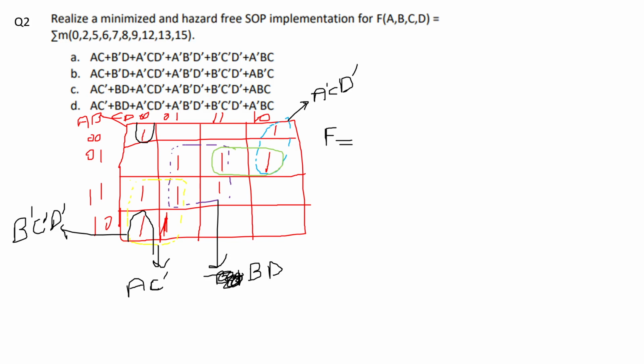There is one more adjacent pair, so if you can find it: it's this and this, these two adjacent ones which are not covered by a common group. In order to make the hazard free, we have two additional terms.